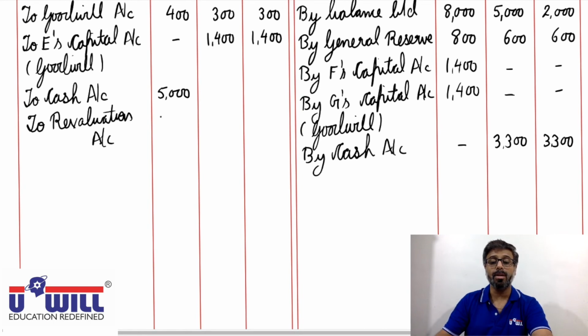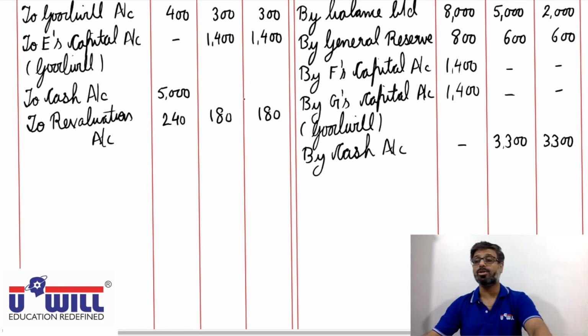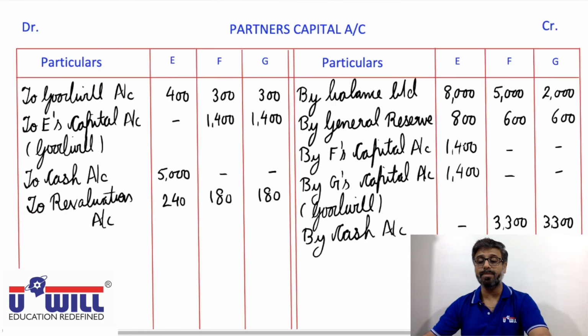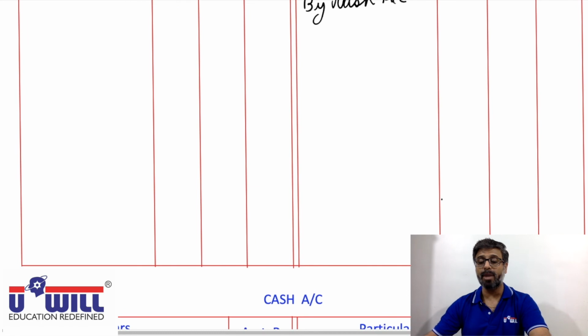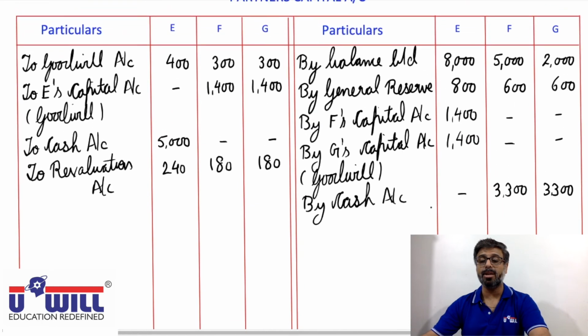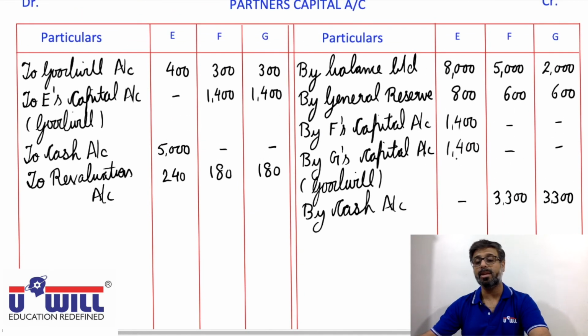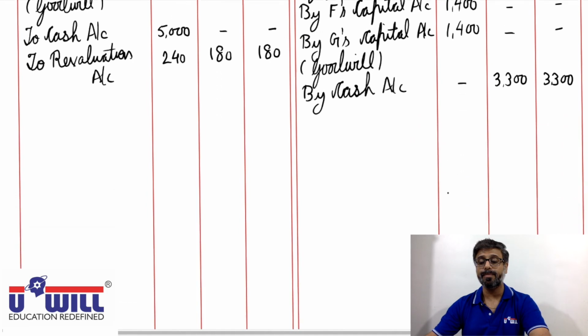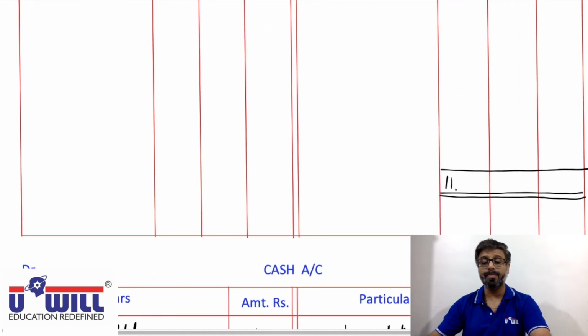240, 180, 180. Now as we have discussed earlier also, very first we will balance the retiring partner E's column. Okay, and whatever balance is remaining we have to transfer to his loan account. So for E 8,000, 9,000, 10,800, 11,600. Both the sides 11,600.